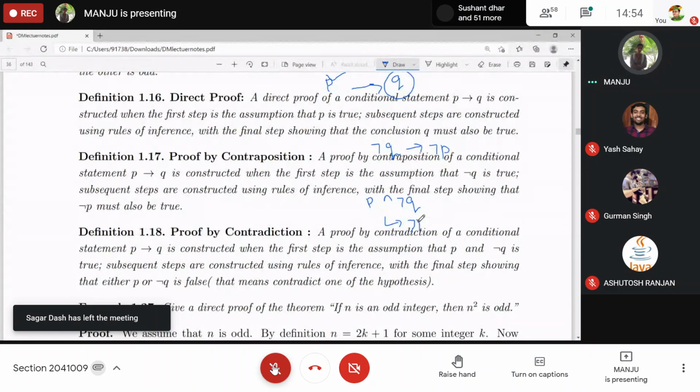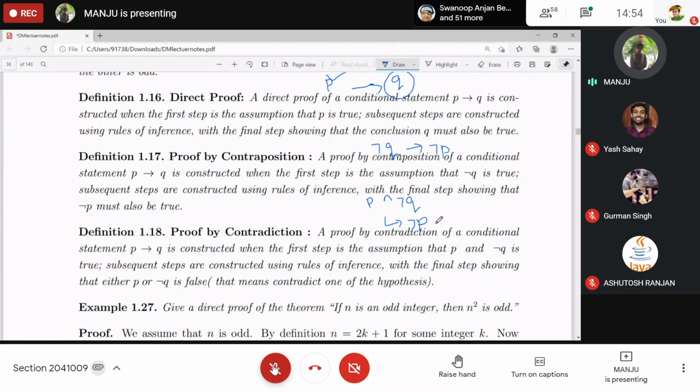We will end up with negation of P. That will be a contradiction to the given statement P. So that's why our assumption is wrong. That is, negation of Q is wrong. So Q will be true, and that's what we wanted to prove.